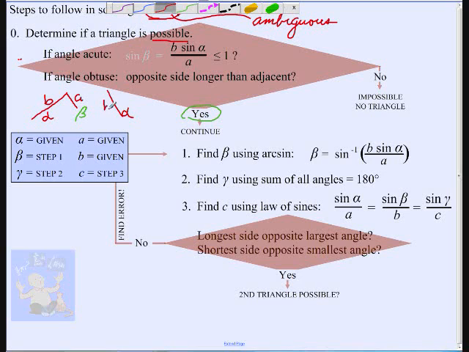Here we've got B. Here we've got A. If the opposite side, A, is longer than the adjacent side, B, you continue on. Alright, so let's look at the continuing on.